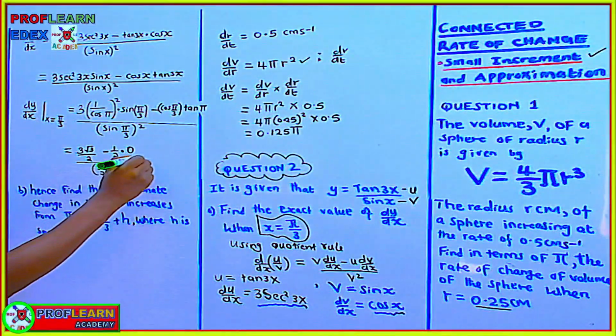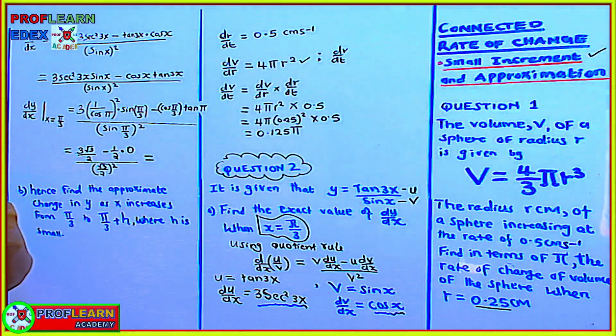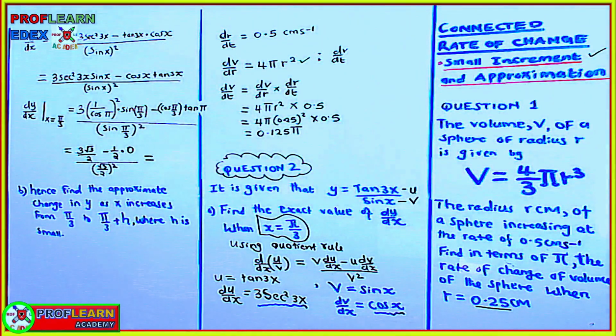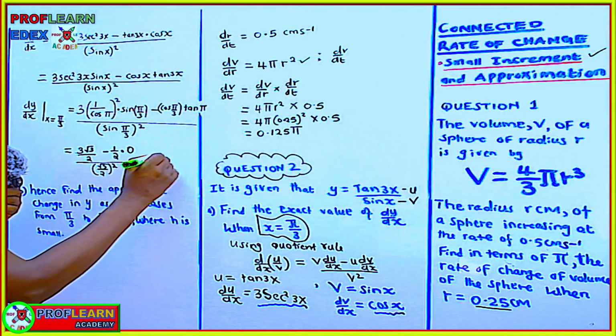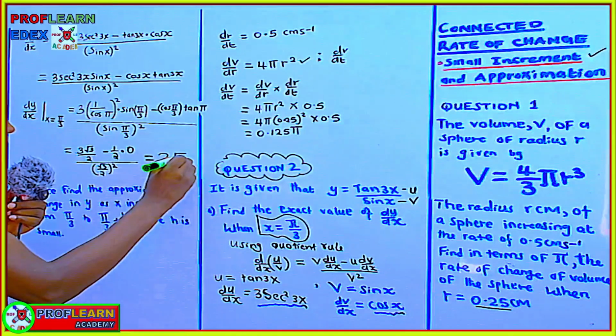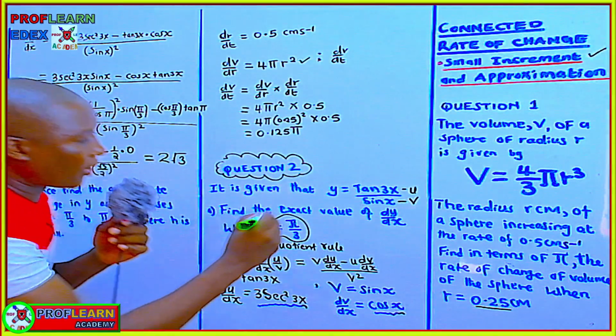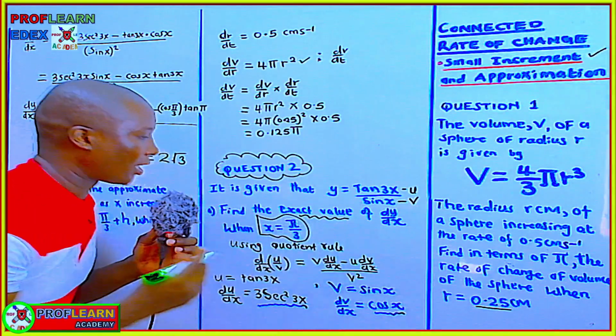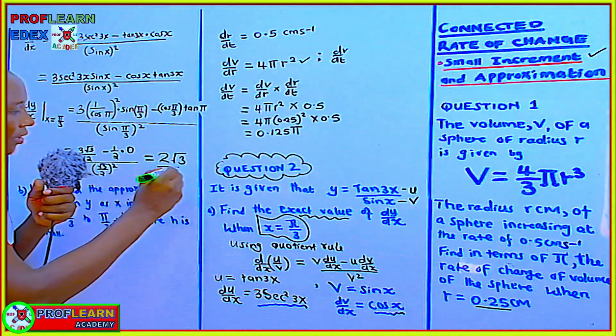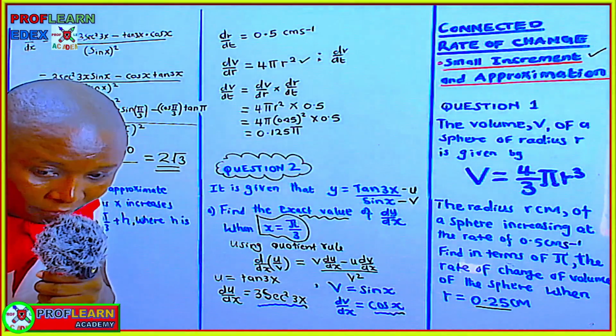And if I square this and solve everything that I'm having here, I'm going to have my final answer as 2 root 3. Because we are supposed to find the exact value, that's why I'm leaving my answer in surd form.